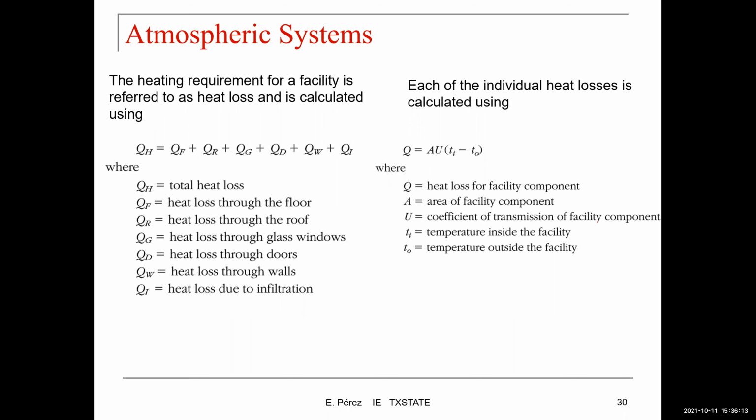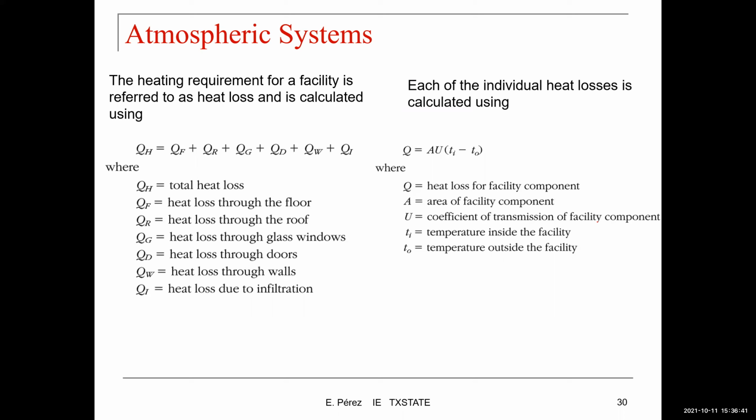So the heat loss through the floor, through the roof, through the glass windows, through the doors, the walls, and heat loss due to infiltration. It was very simple. We use these coefficients that are based on the location of the facility. Those coefficients U, the coefficient of transmission of the facility component.